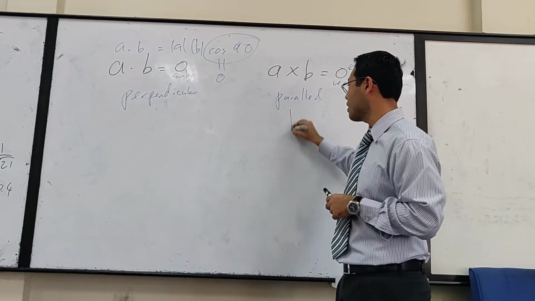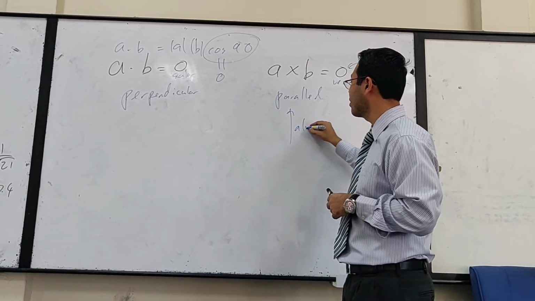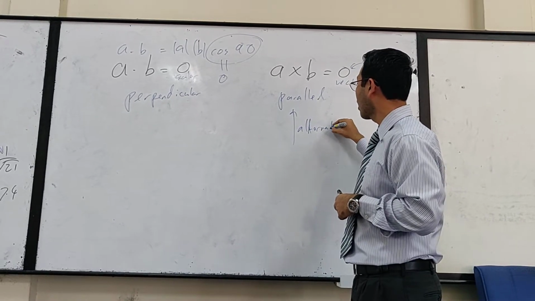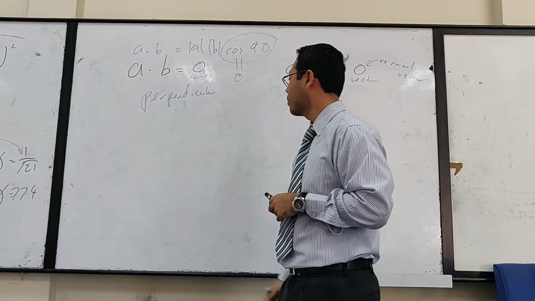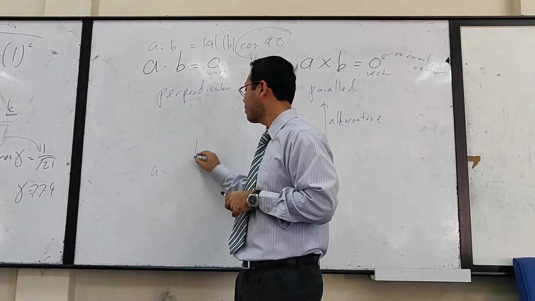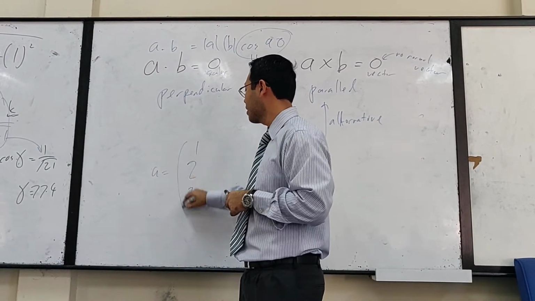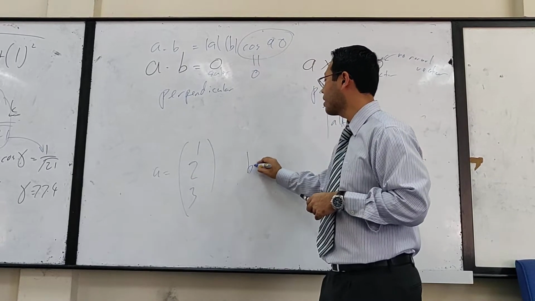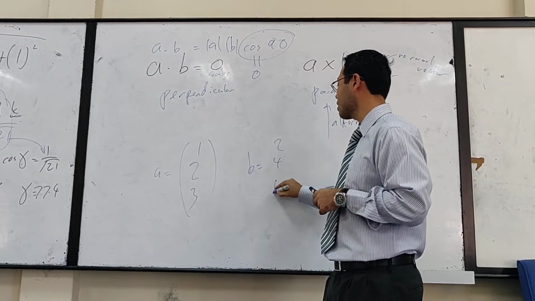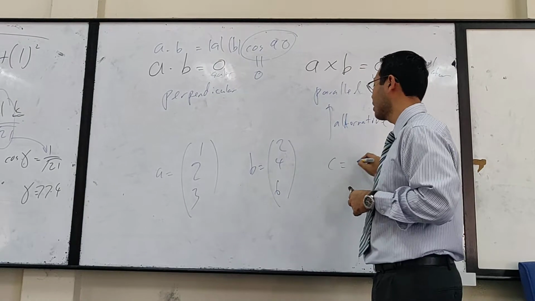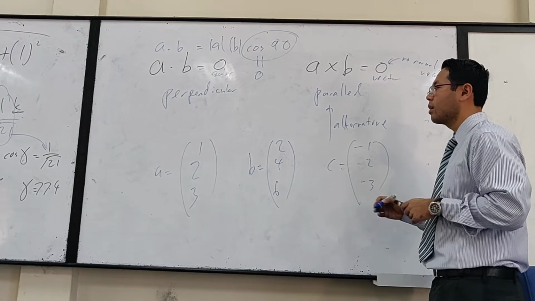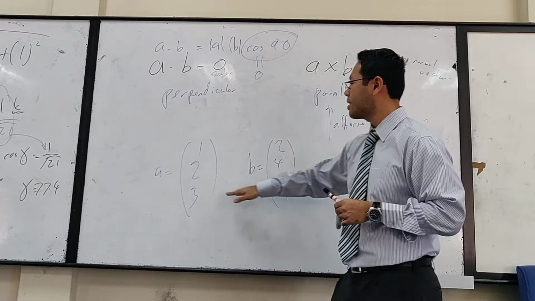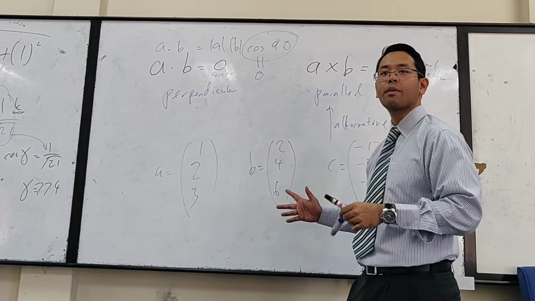There's another way, which is an alternative. How do you show it? Well, I gave you an easy example yesterday. A is 1, 2, 3, B is 2, 4, 6, and C, let's say, is negative 1, negative 2, negative 3. Are they the same? They are not the same, but they are parallel.